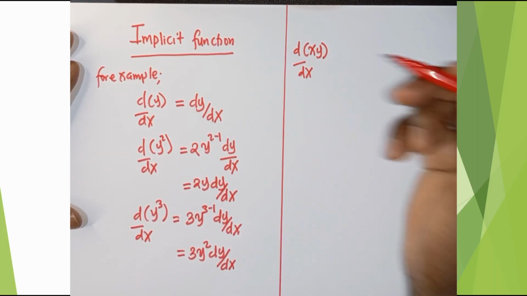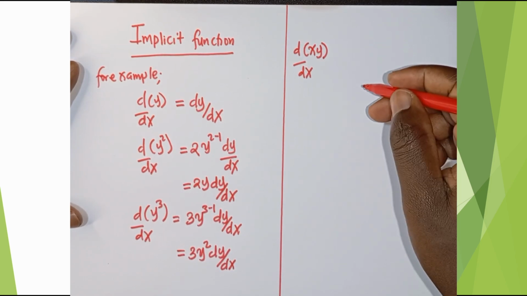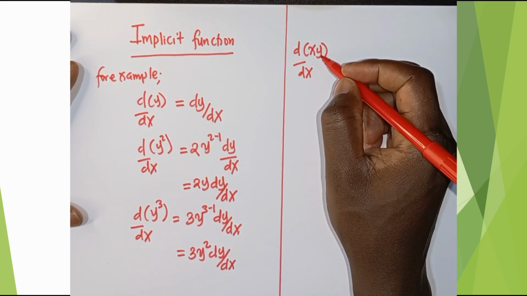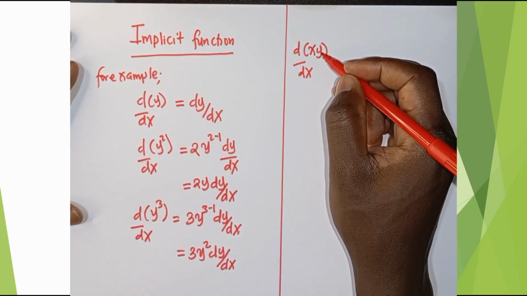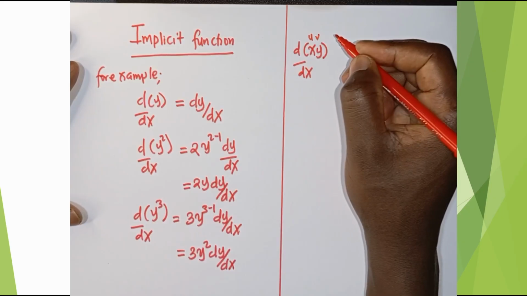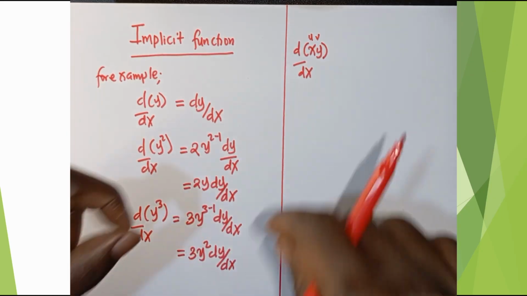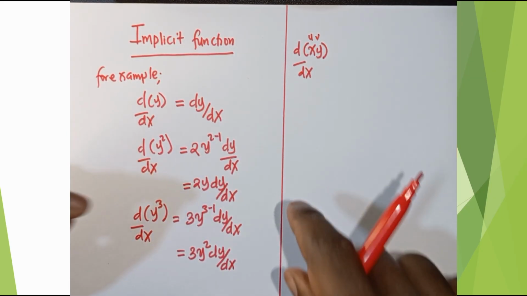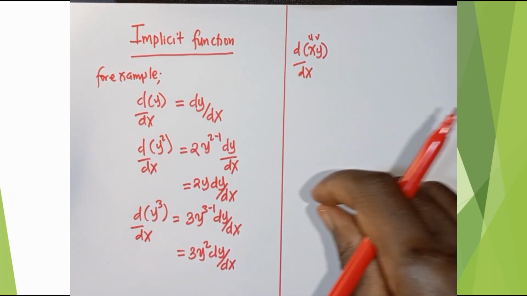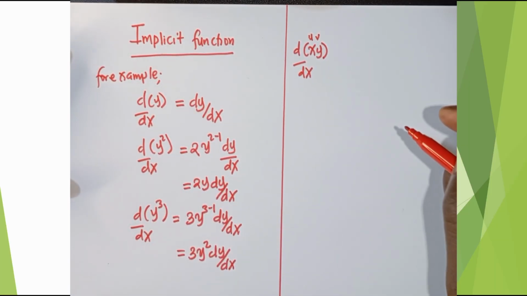Now here is when product rule comes into play, and we still stay with chain rule when we are differentiating y only. Now, product rule tells us that one will be u and another one will be v. If you haven't seen my video for product rule, I'm going to link it in the description such that you also go and watch it and understand it very well.